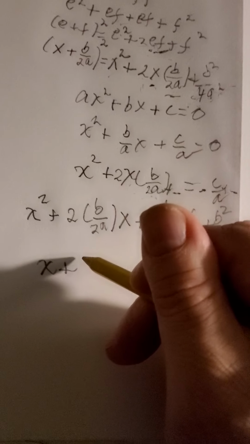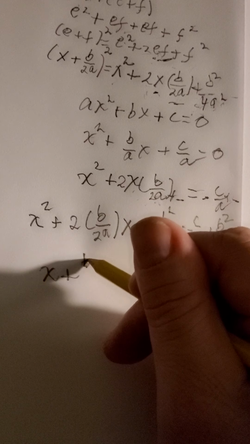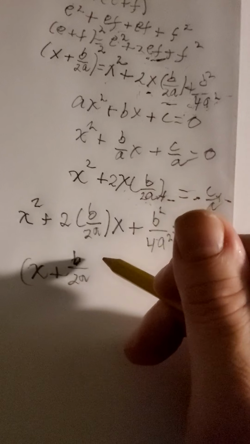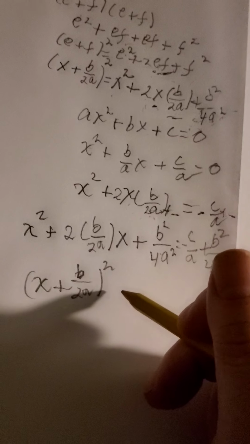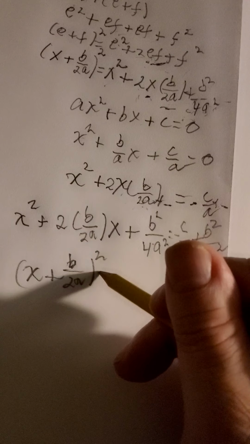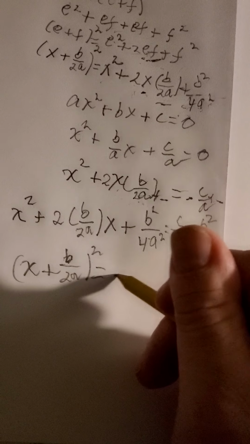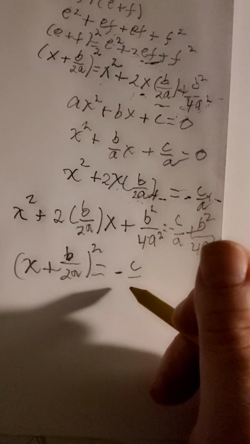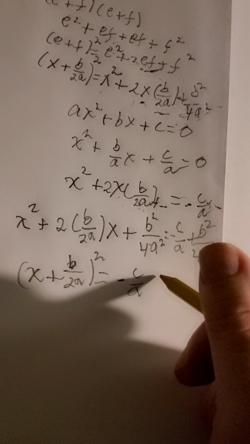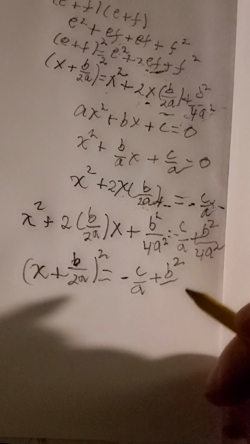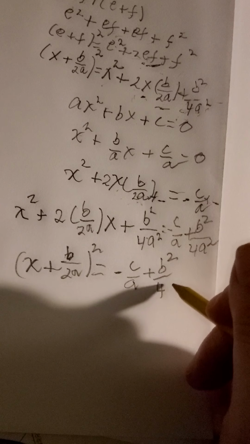So I'm going to have x plus this b over 2a, this quantity squared, equals negative c over a plus b squared over 4a squared.